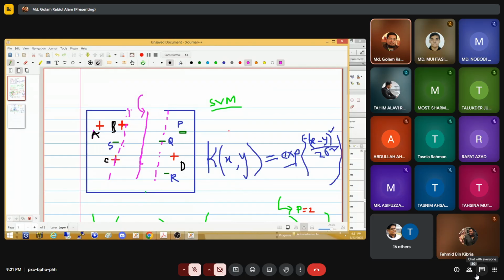Above the hyperplane is positive and below the hyperplane is negative. If we consider this, then A, B, and C are correctly identified as positives. But D is below our hyperplane, so this one is misclassified in training time.